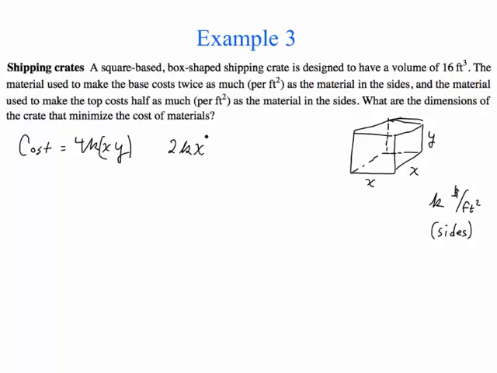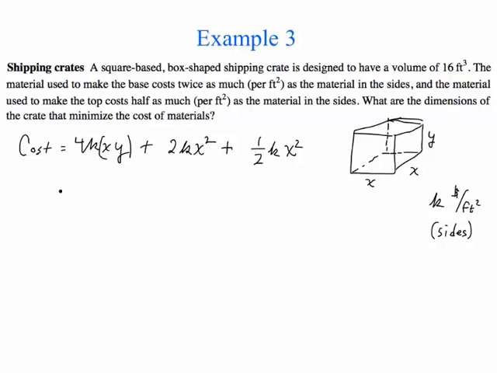X squared. I'm going to multiply these and add on the cost. So I have the cost of the 4 sides, and then the cost of the base, and then the cost of the top would be half as much as K, and its area is also X squared. The top is also X squared.